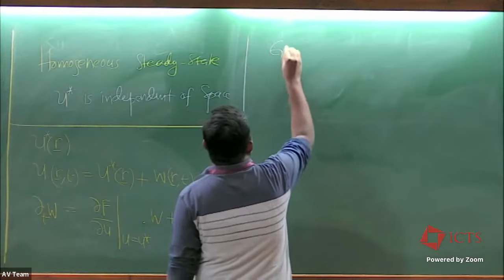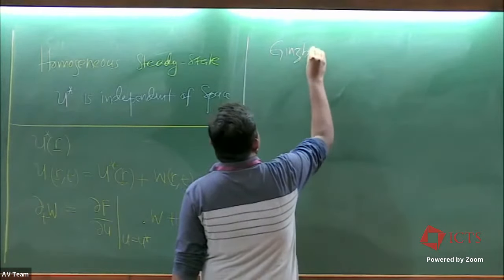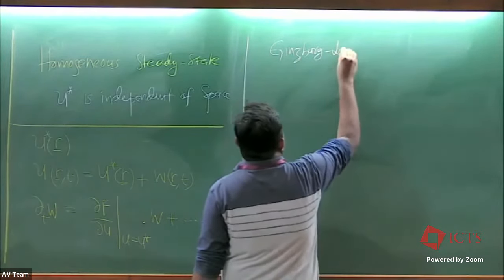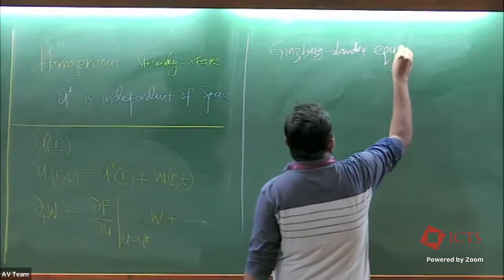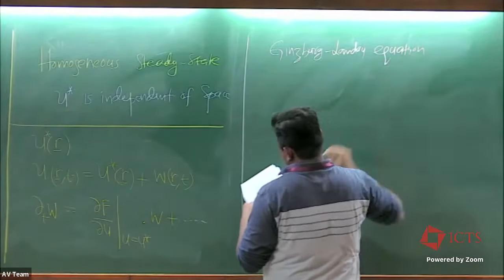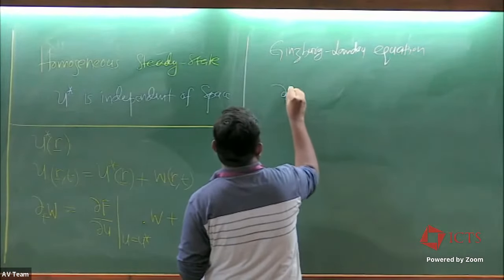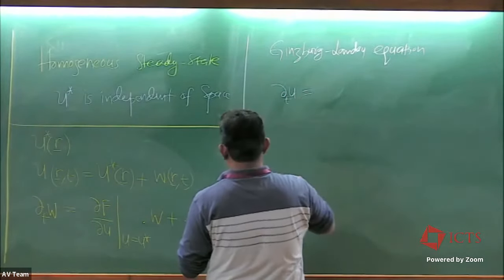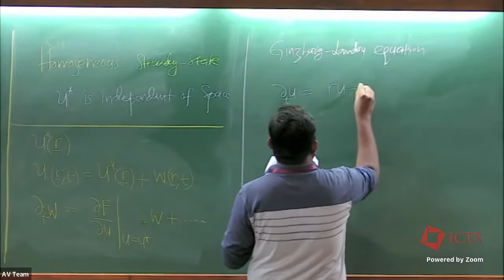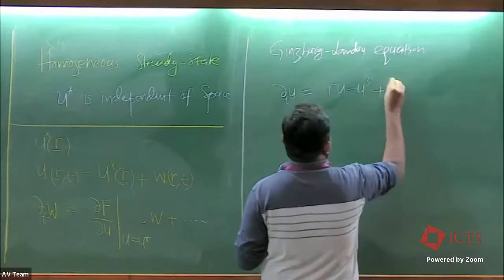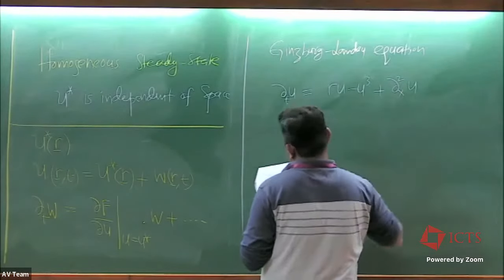So for instance, the Ginzburg-Landau equation. I have some variable U, and I write the evolution equation for U as basically something which is rU minus U cubed. But this time I add in a diffusion term.